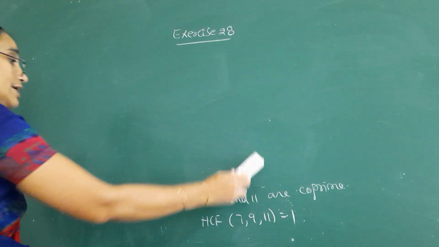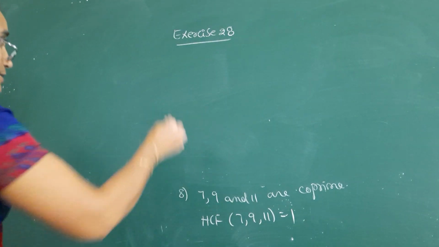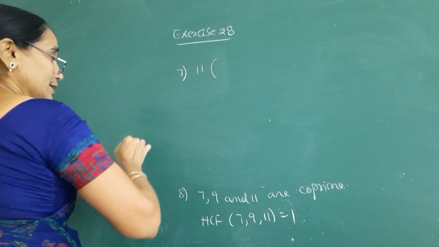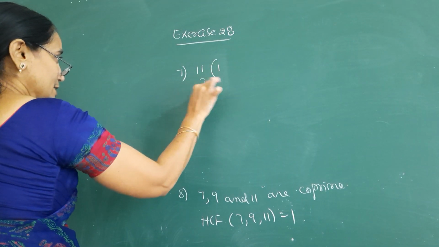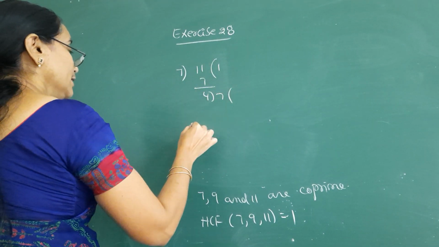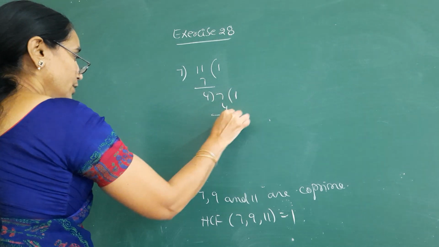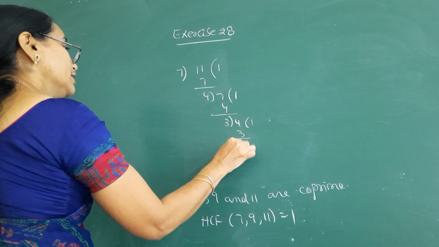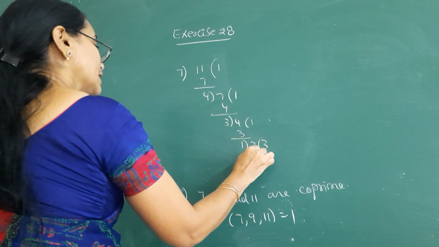Do the process here. They gave 3 numbers. Select the smallest as divisor and the greatest as dividend. 7 ones are 7, remainder 4. Drop 7. 4 ones are 4, remainder 3. Drop 4. 3 ones are 3, remainder 1. Drop 3. 1 threes are 3, remainder 0.